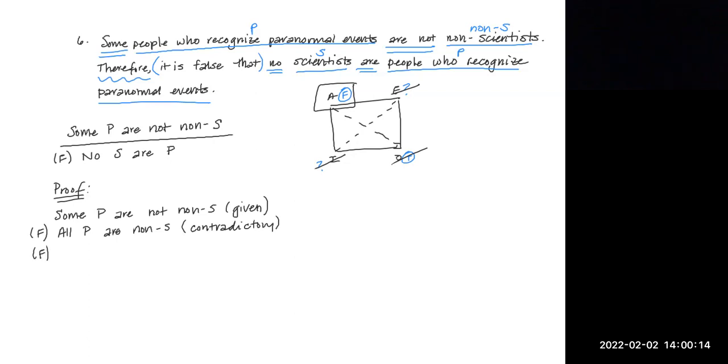Okay. But we still need to figure out how to get this non-S to S. So let's use obversion first. So it becomes no R, that non-S becomes S, and the P stays the same.